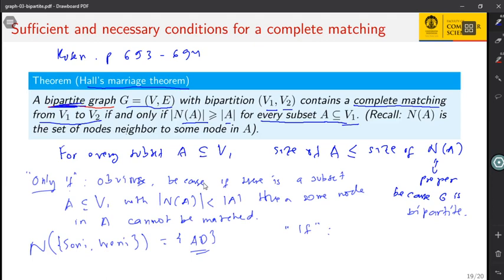This is done by strong induction on the size of phi1. So start with the size of phi1 equal to 1, and then going upward, right? You see the details on pages 693 to 694 in Rosen's book, so I won't go into detail here. All right, so that's the theorem.